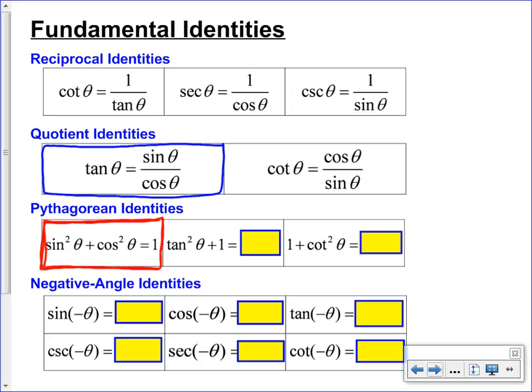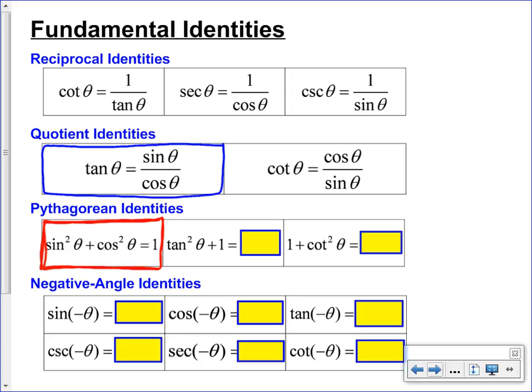Those two in the red and blue are probably the most used ones ever. The rest of them can be used as well. If you take sine squared plus cosine squared equals 1 and you divide everything by cosine squared, this is where I talk about manipulating in your head.